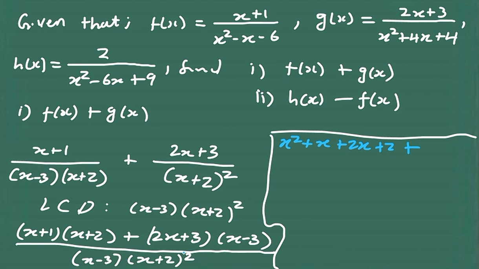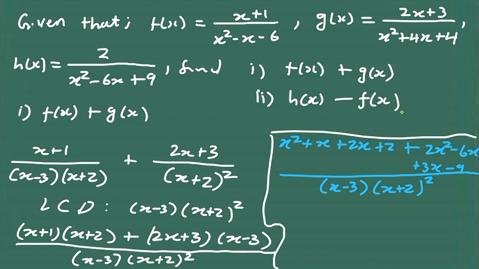In the second term, when we expand it, 2x times x will give us 2x squared, and 2x times minus 3 will give us minus 6x, and 3 times x will give us positive 3x. 3 times minus 3 will give us minus 9. So all this expression is being divided by x minus 3 times x plus 2 all squared.